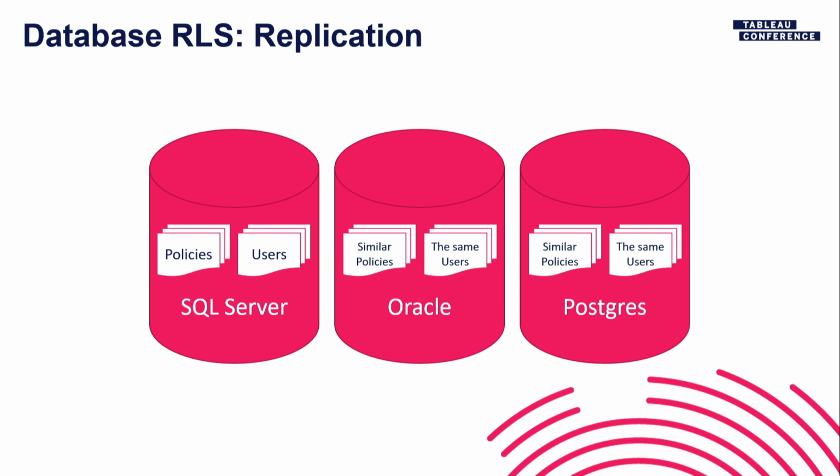So this can be hard to set up and hard to keep in sync. And we'll keep coming back to this point of keeping these policies and the security in sync, because that's where most of the security problems come from. When you're responsible for manually making a change across a number of things, inevitably, someday something will get out of sync, and then you have a potential security hole.